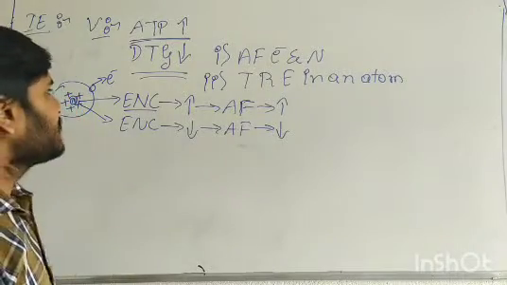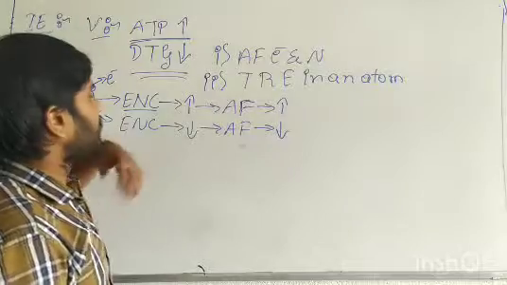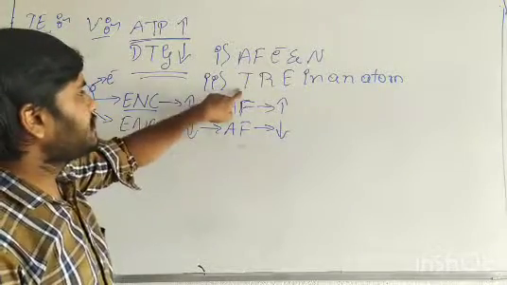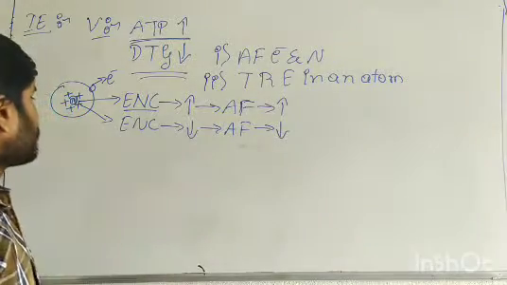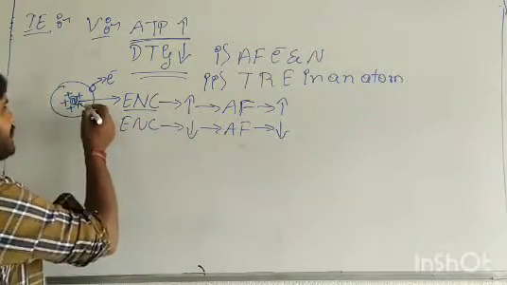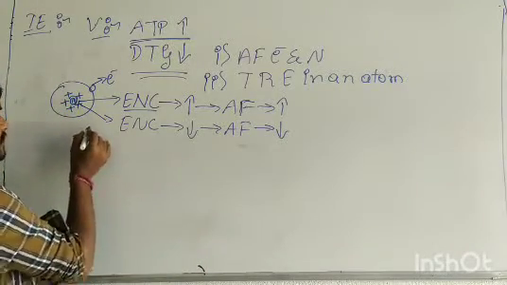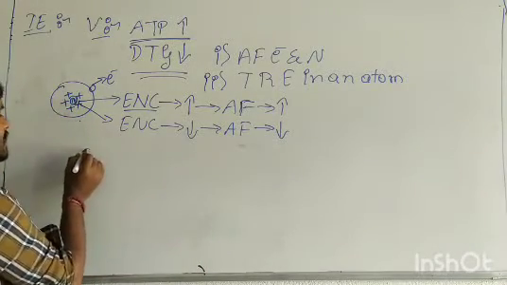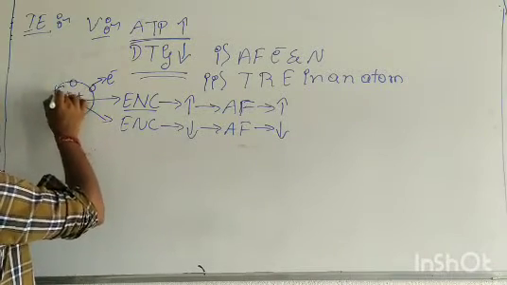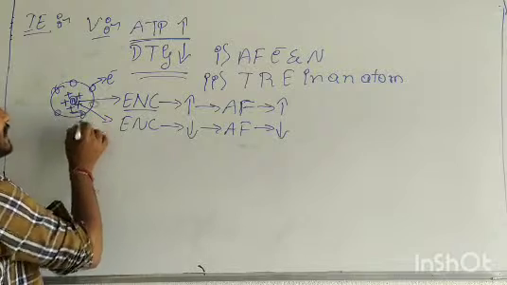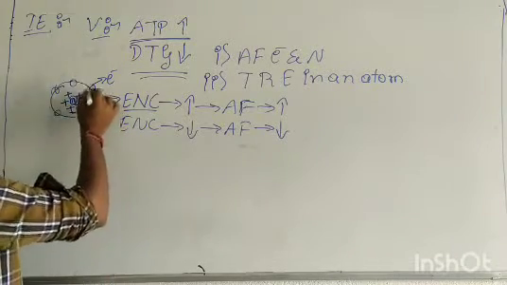Now the repulsions of electrons in an atom. Why does repulsion take place in an atom? Because an atom consists of a positively charged nucleus and negatively charged electrons, and all these electrons are negatively charged.